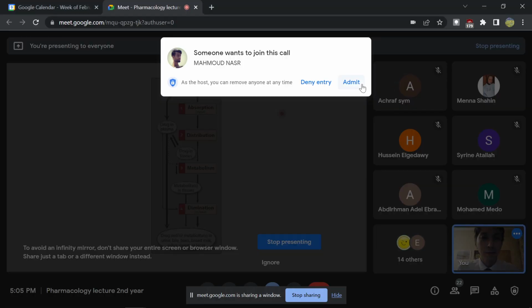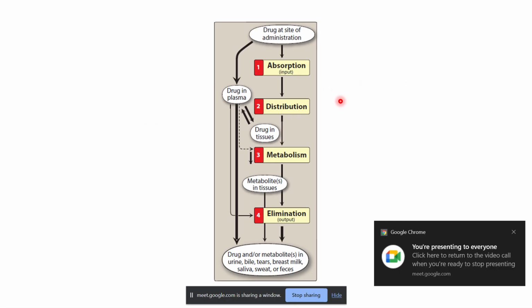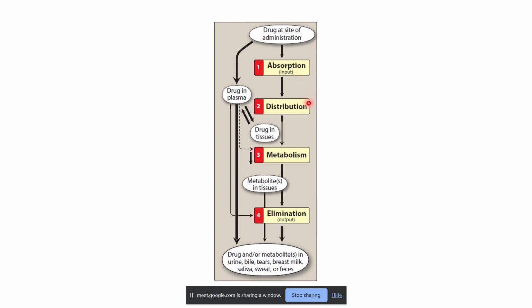After the absorption, the distribution phase will follow. Actually, the distribution phase starts immediately as the first part of the drug is absorbed, so these are continuous processes.